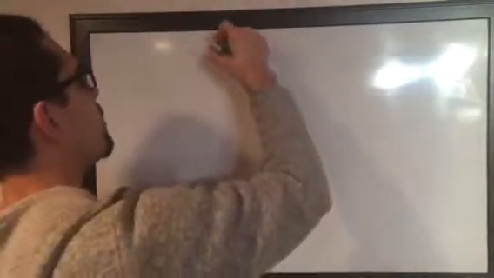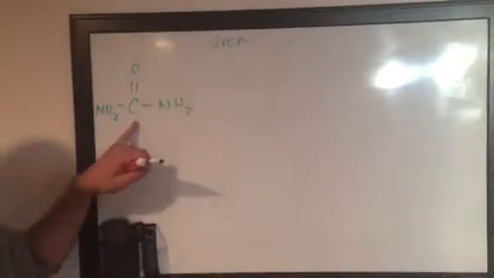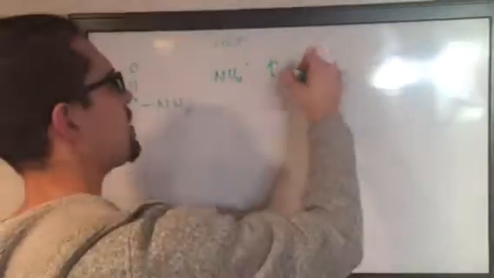So, urea looks just a little something like this. That's not a 4, that's going to be a 2. Now, why do we want this compound and not this one? NH4 plus is a couple things. It increases the pH of the body.